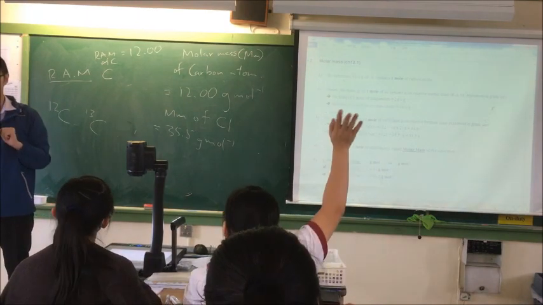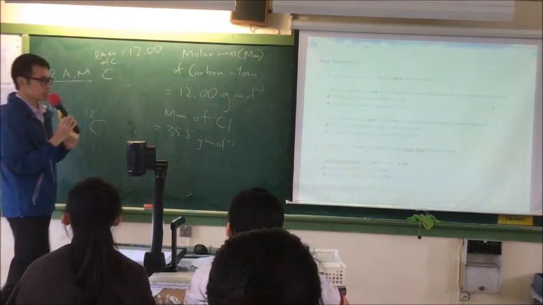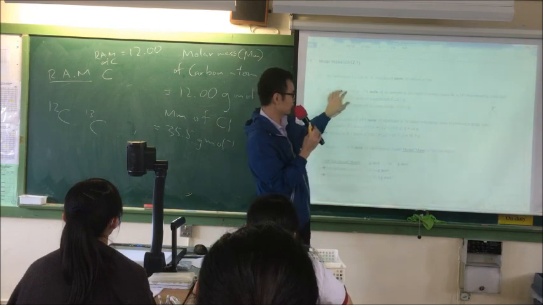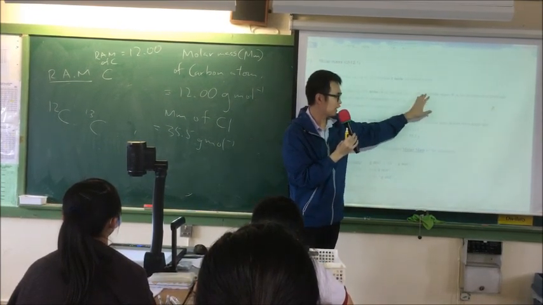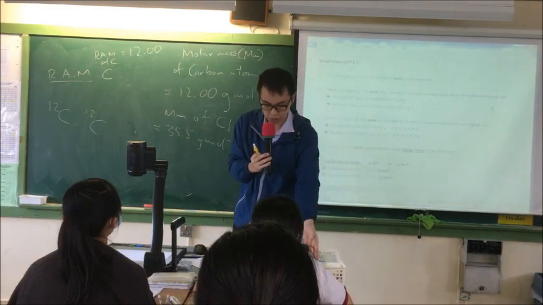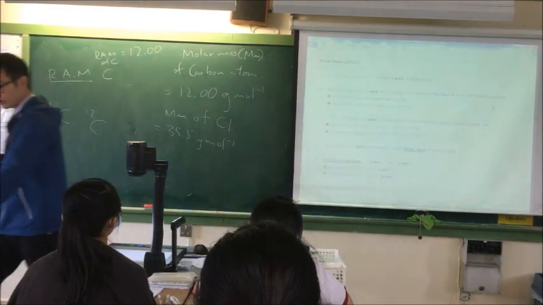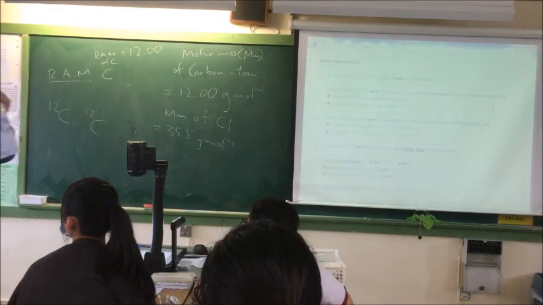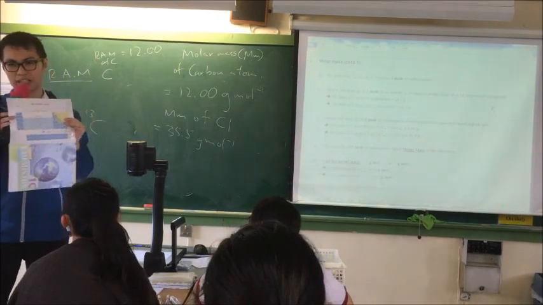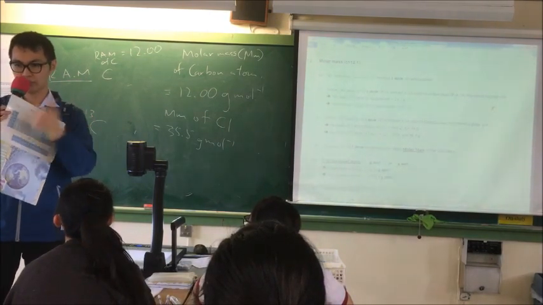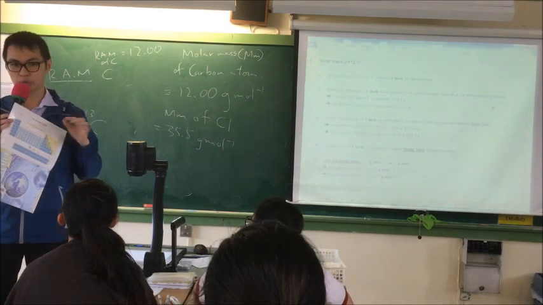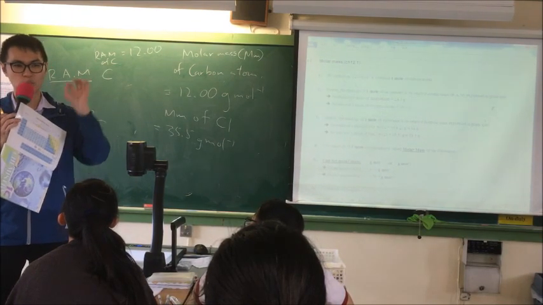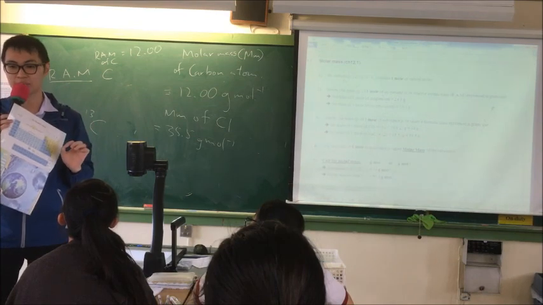Understand 為什麼呢？Okay， 就係咁啦。Okay, so the mass of 1 mole of element is the relative atomic mass. So basically, you will know all the mass of atoms in this table, right? This is the molar mass or the RAM. So you will know how heavy 1 mole of that atom is.